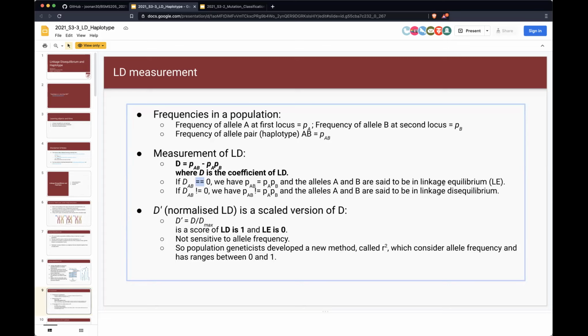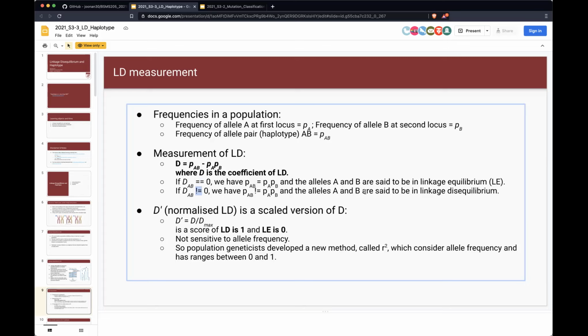So the frequency of the allele pair is the same as the frequency of A times the frequency of B. But if DAB is not equal to 0, then you can say that the alleles A and B are somehow linked to each other, so we can say these two alleles are in linkage disequilibrium, right?